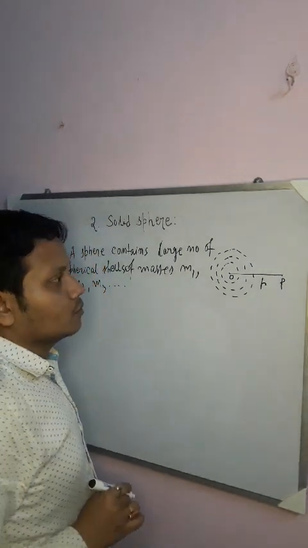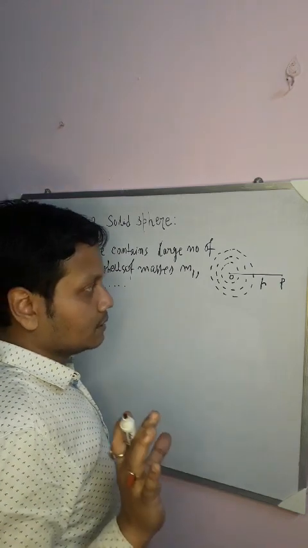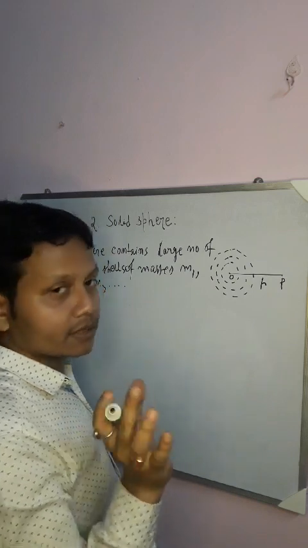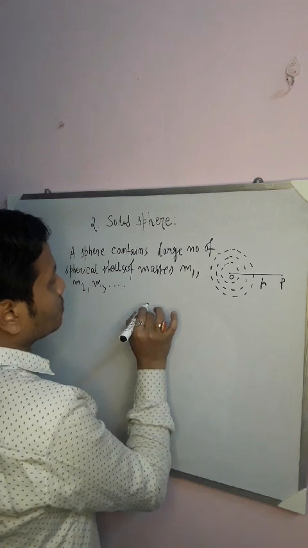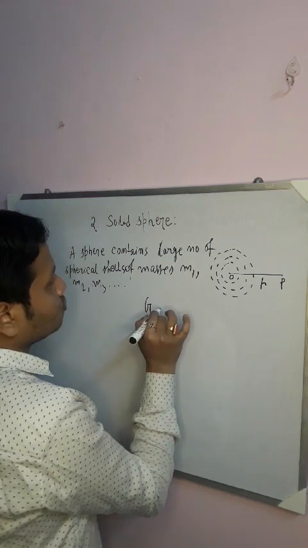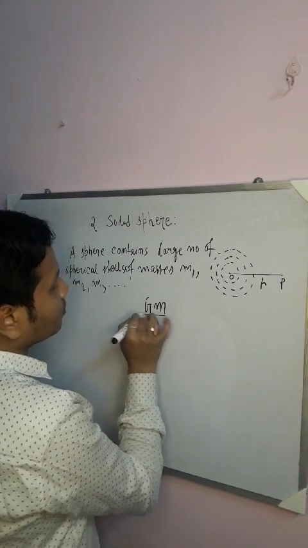So we all know that the gravitational potential due to a thin spherical shell at a point outside is simply minus G M by r, that we all know.